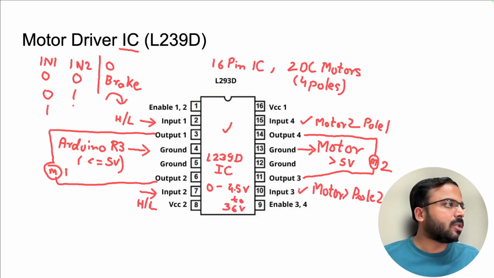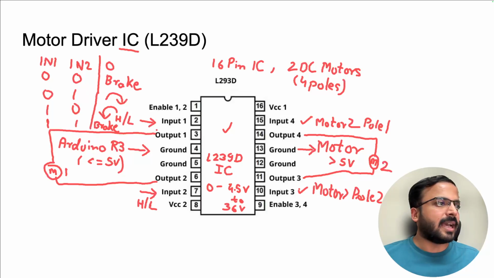If you give a 1 and 0 to this, it will run in the other direction, the reverse direction. And if you give a 1 and a 1, it will again break, it will not run. So this is the truth table of this IC.